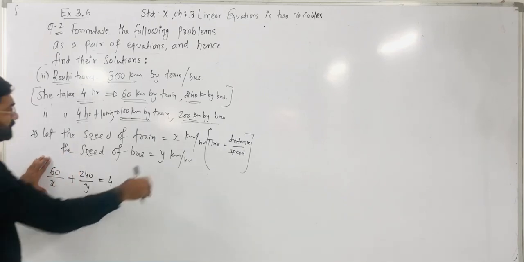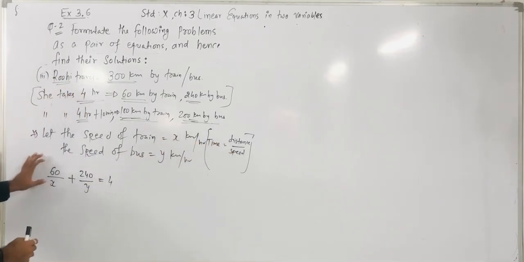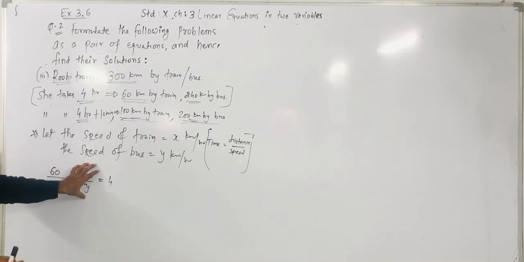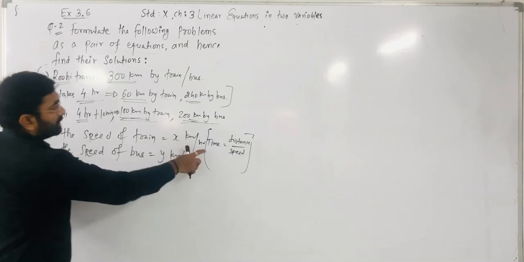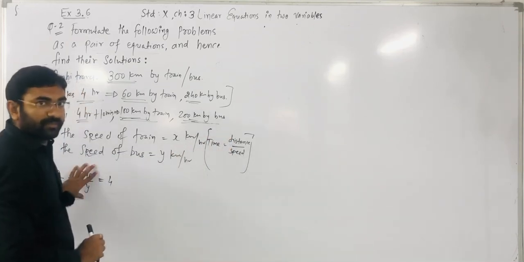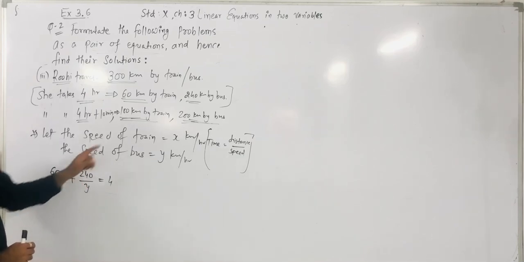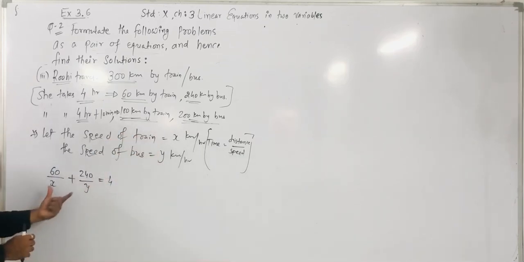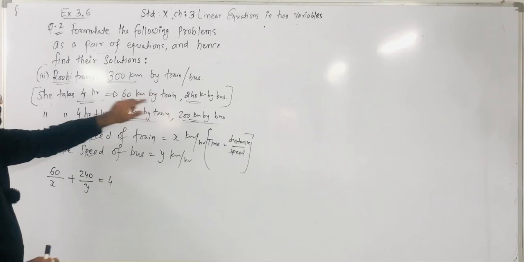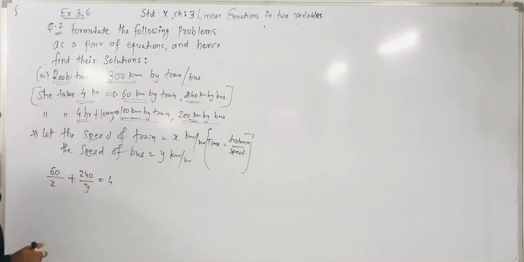Time means distance upon speed. Train distance is 60 and its speed is x. Same way, bus travel time means bus travel distance divided by bus speed. Bus travel distance in the first case is 240 km and bus speed we take as y. Both together take 4 hours, so it is equal to 4.